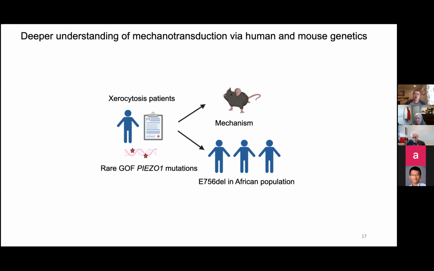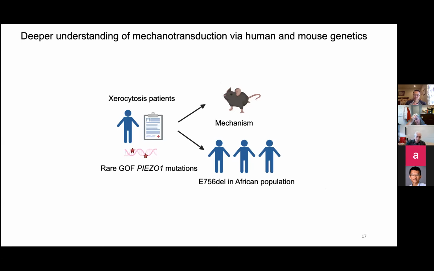For example, for any medical conditions observed in these rare xerocytosis patients, we can now use the gain of function animal model to study the underlying mechanism. And at the same time, we can evaluate whether similar medical conditions affect those African American individuals who carry this gain of function allele in their genomes.